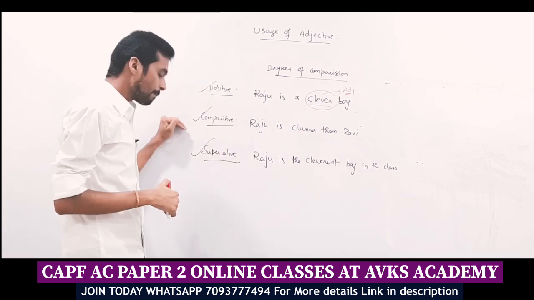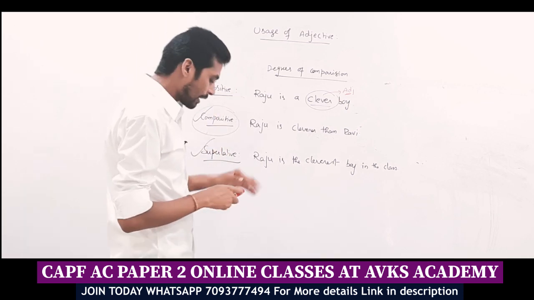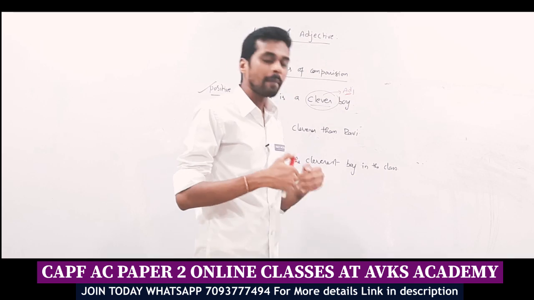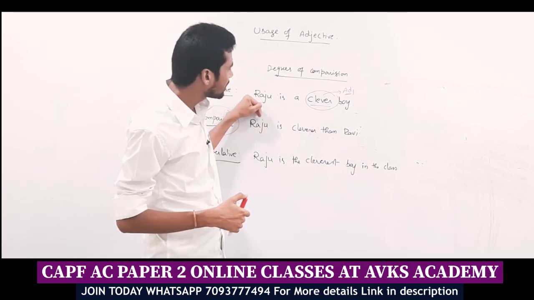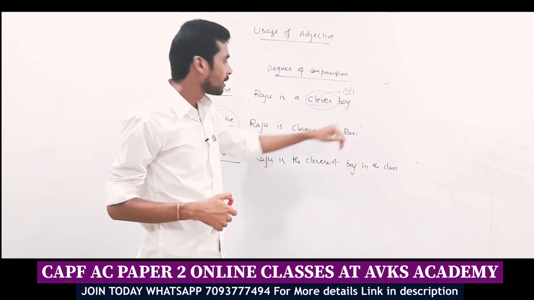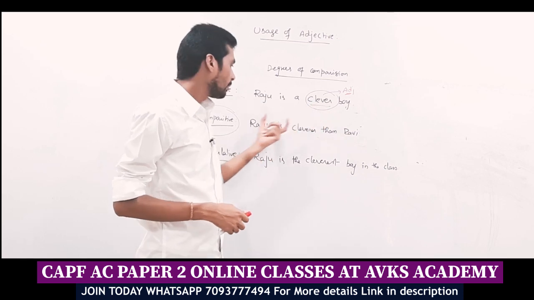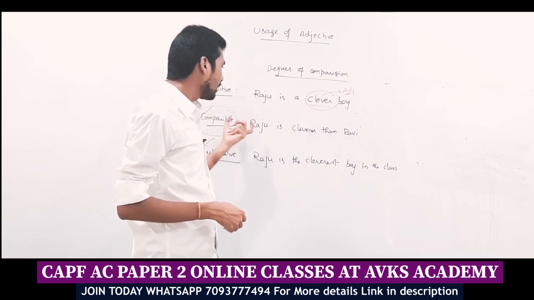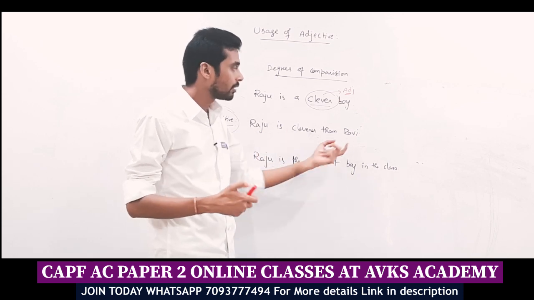When it comes to comparative, the name itself suggests comparison. Comparison means you are going to compare this person with another person. Here I am talking about Raju's cleverness, but in the comparative degree I am saying that Raju is cleverer than Ravi.